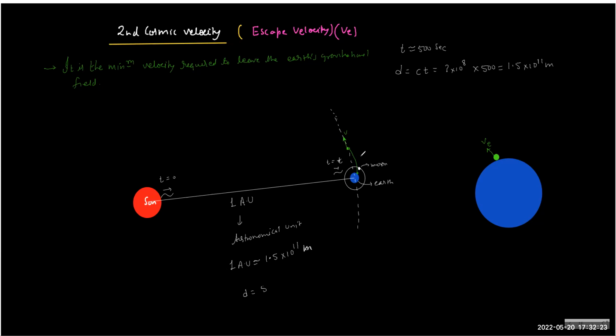So you may throw with escape velocity, but everything which we throw with escape velocity actually leaves the planet and goes to the next Swami, called the Sun. And this Swami will govern your further motion in the orbit which is the same as the Earth.